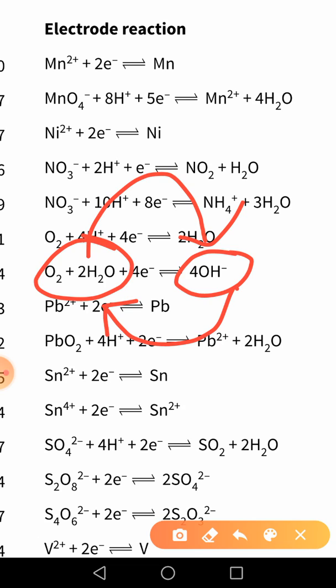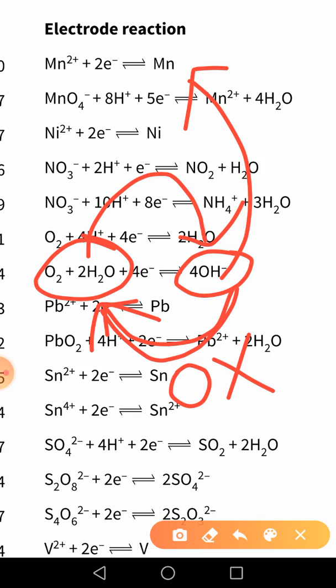So to convert hydroxide into neutral products, we must oxidize the hydroxide. Now tell me where oxidation occurs. Oxidation obviously occurs at the anode, and the anode is positive. So hydroxide will easily go to the anode, because the anode is positive and hydroxide is negative.